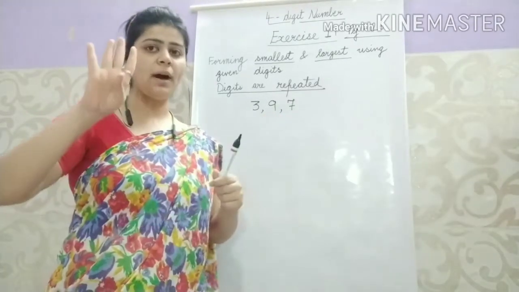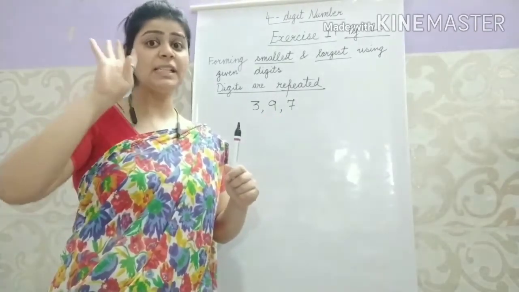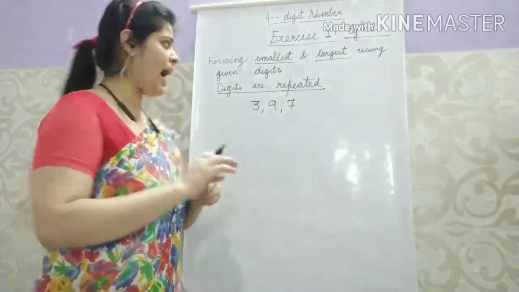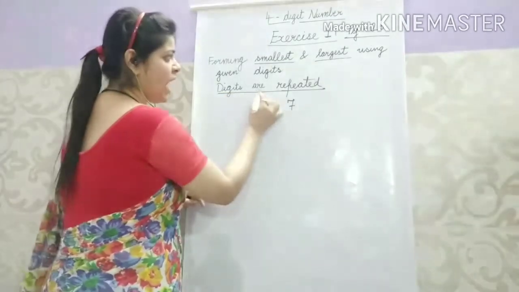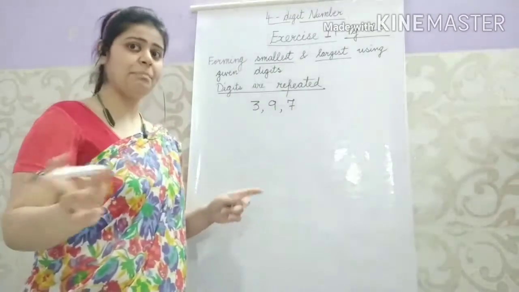You have to form a 1000 word, that means a 4-digit number. What is written? Digits are repeated. So digits can be repeated.